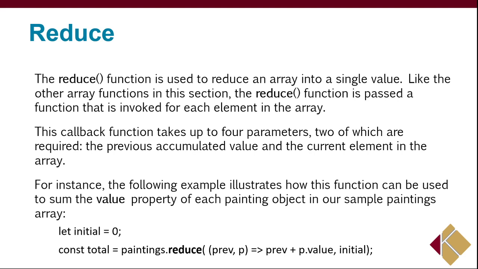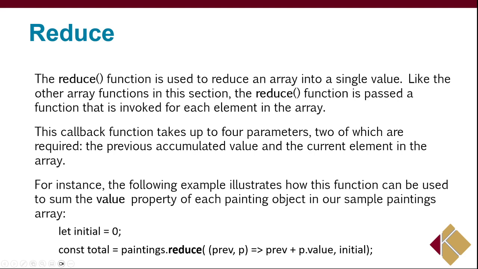As you can tell, I don't use reduce a lot. But basically, it is taking the paintings array, reducing it down to a single value. So at the end, you will end up with one value that the total returns.